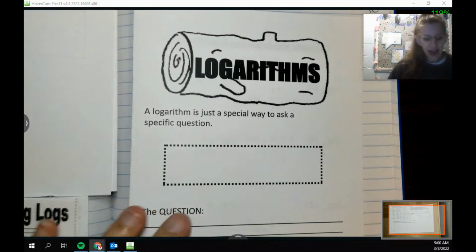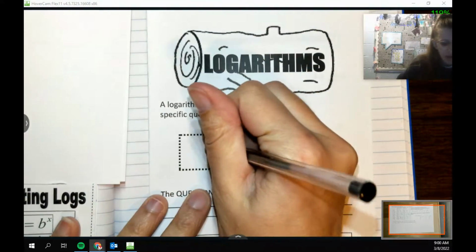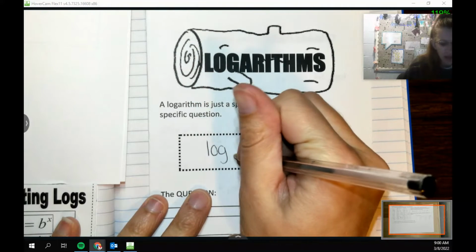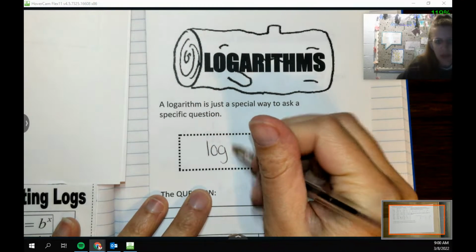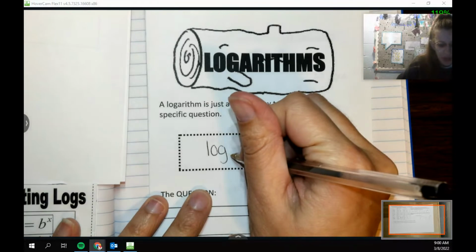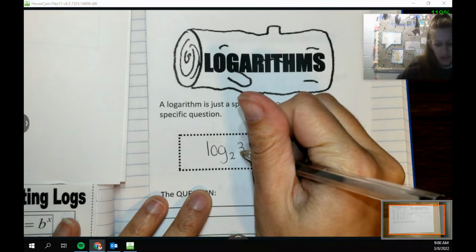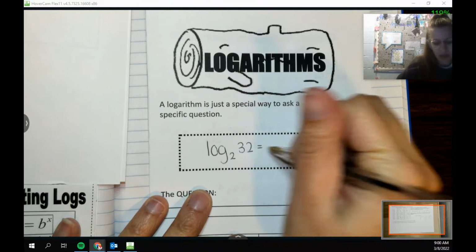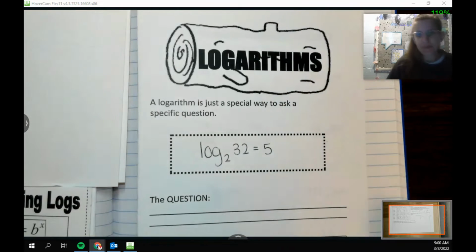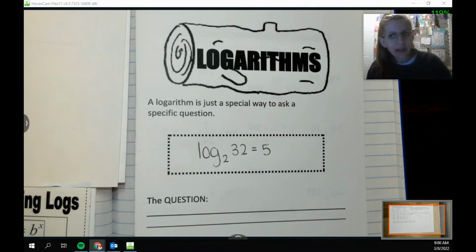The way that we write a logarithm is we have log, and then we have a little base number. So instead of like an exponent number, it's like a little mini bottom number. So like log base 2 of 32 equals 5. And this is a true statement. Log base 2 of 32 does equal 5.